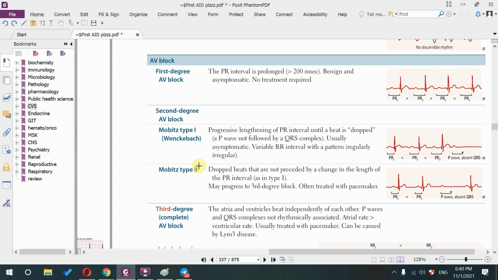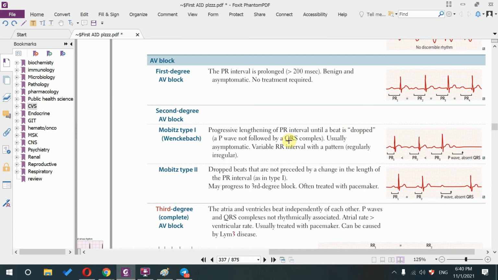The Mobitz type 1 is also called Wenckebach. There is this lady on YouTube, maybe you saw her. Wenckebach lengthening. So Mobitz type 1 has a progressive lengthening of the PR interval until a beat drops.